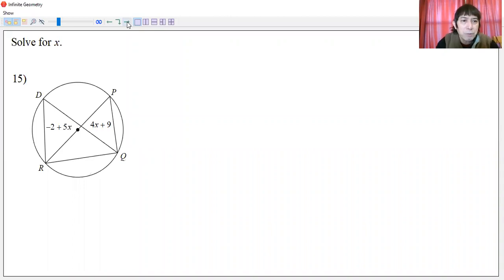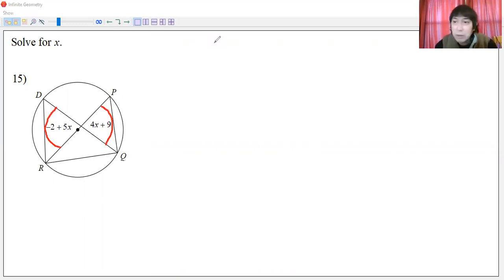Okay, here's number 15. From the diagram, it looks like we have two expressions there, and we're solving for this angle, and that angle must be compared.